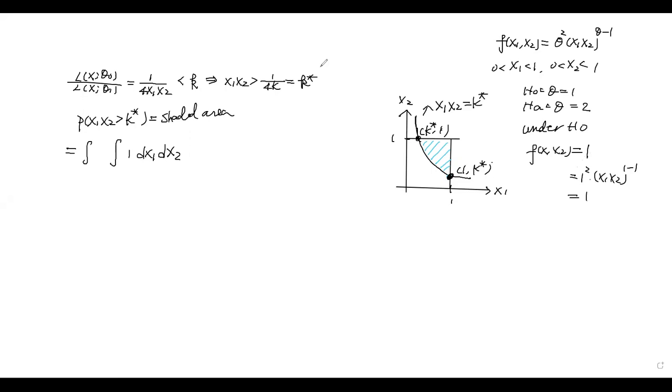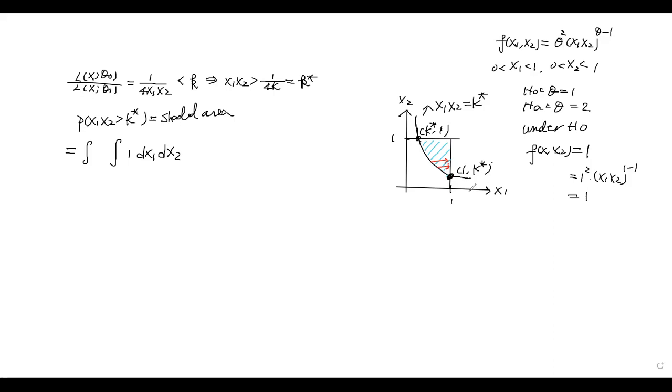So if I integrate over x1, basically I'm integrating from here to here, so it's in this direction, correct? So if I'm integrating x1, let's take a look at what my lower bound is and what my upper bound is.